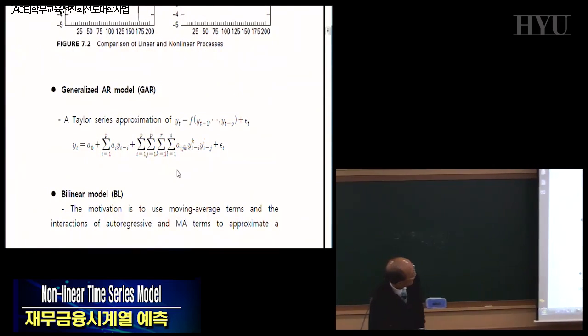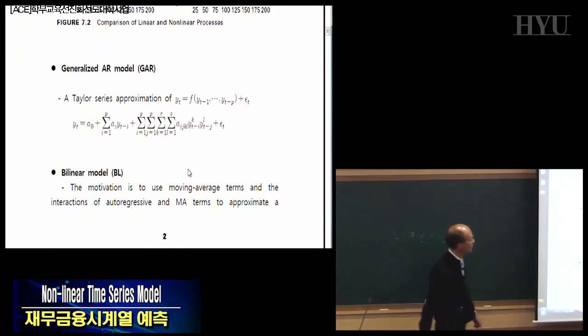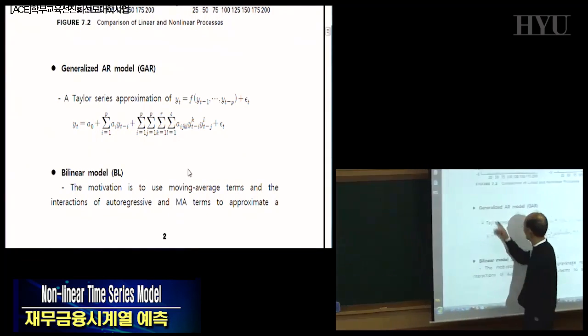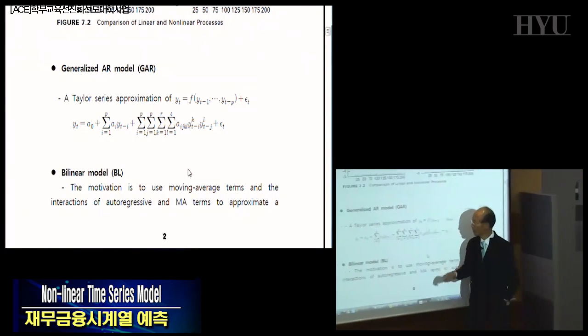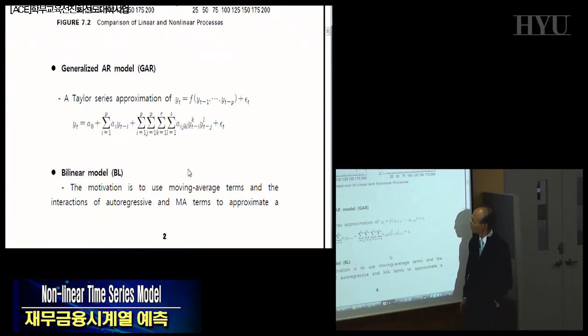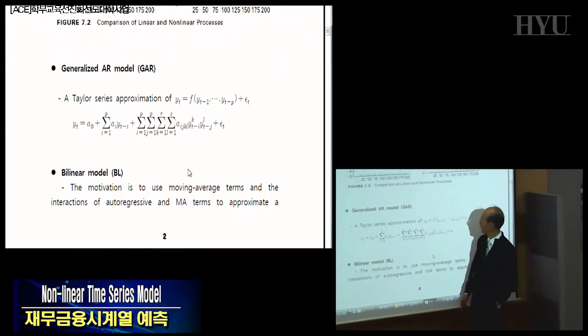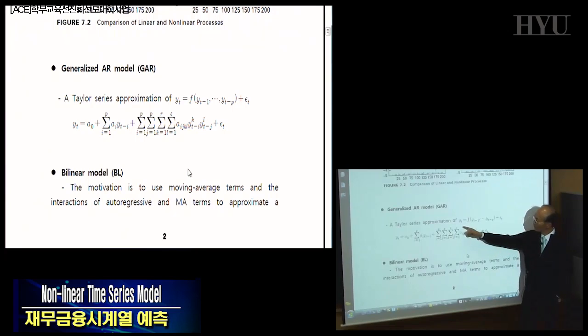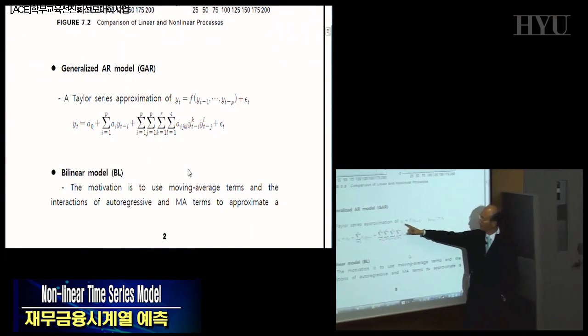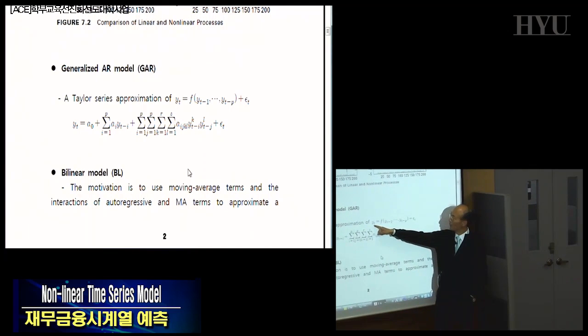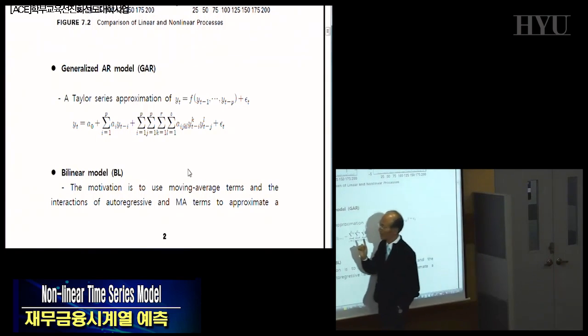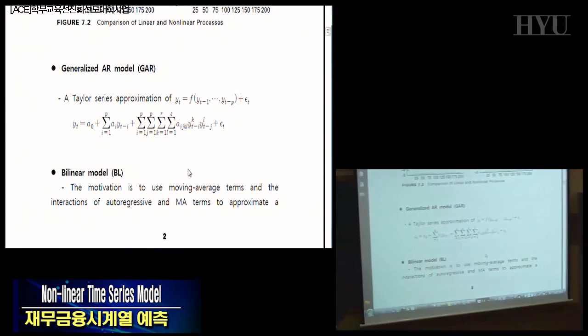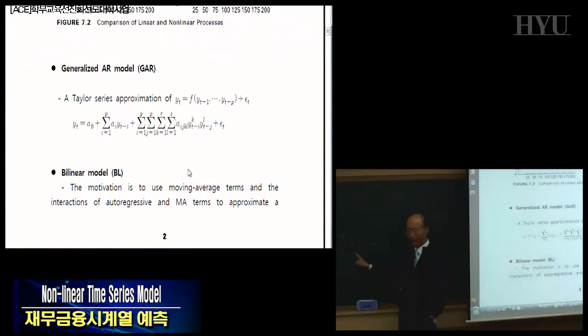So here is the expression known as the generalized autoregressive model, where the starting point is, let's say, y is a function of past observations. In this case the functional form is very simple, right?